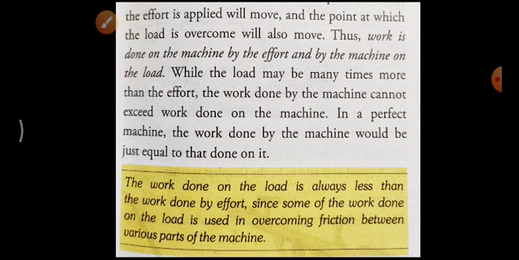Because some frictional force between different parts of the machine will be there, and some damage also, it happens like that. Otherwise, in a perfect machine, the work done by the machine would be just equal to that done on it. Up to this much, I think all of you have understood.